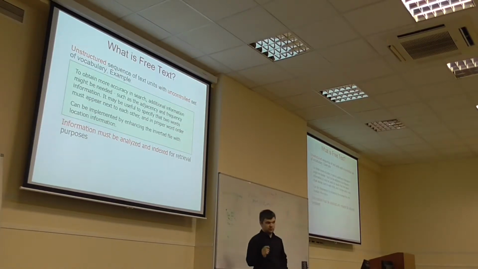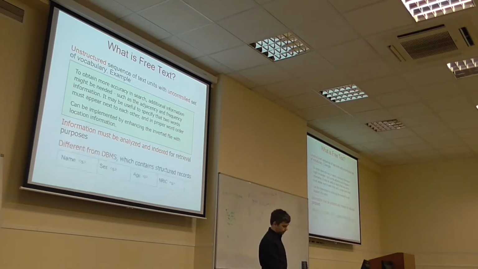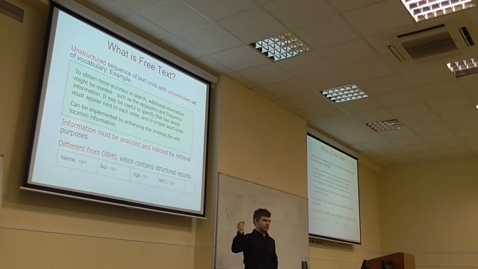And for information retrieval, to be able to search text documents by query, we need to index this text somehow, right? So we need to map it to some structured knowledge. It's not like a database where we already have the tables. So the nature of indexing information is really different.